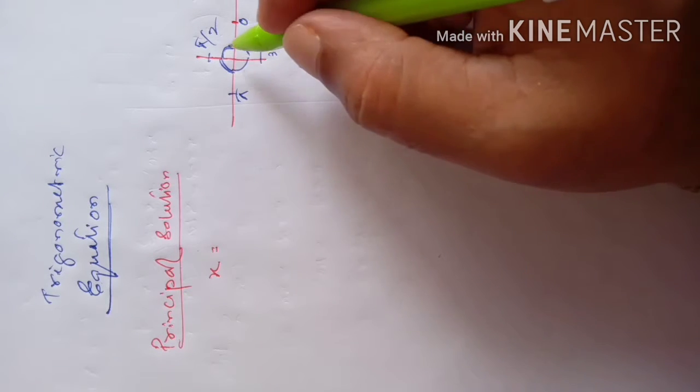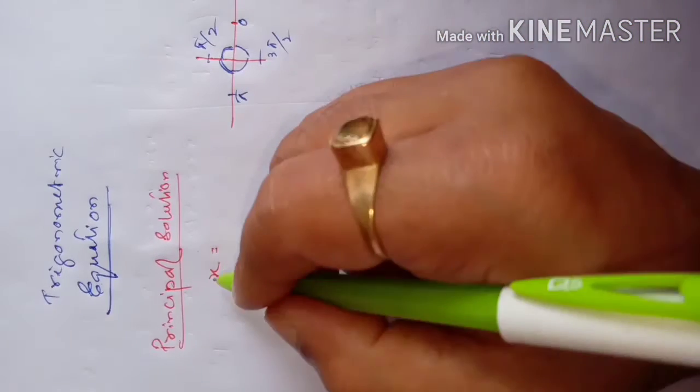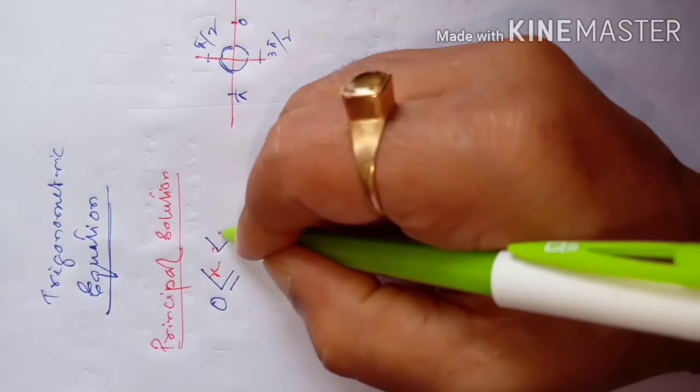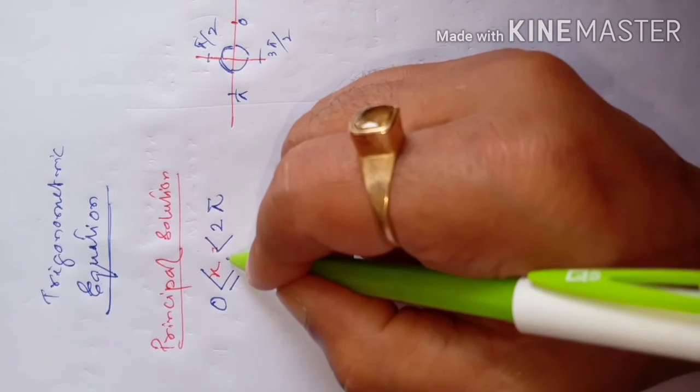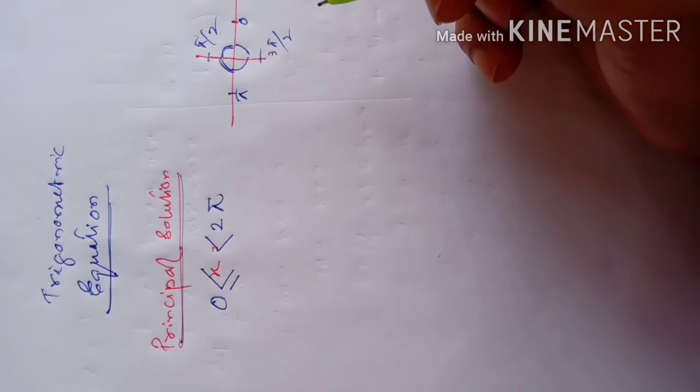We are looking for values of x between 0 and twice pi, so we consider only those values. Twice pi is not included. That will be called the principal solution of a trigonometric equation.